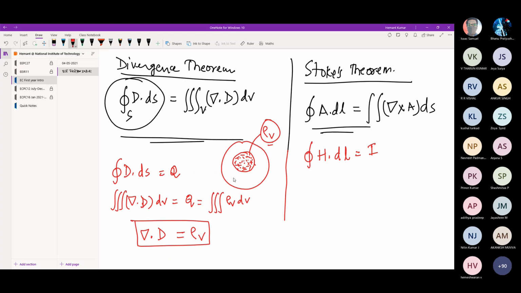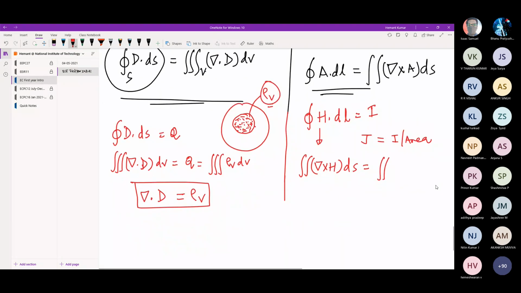So basically the current will be distributed all over the cylinder, and the density of that current will be given by J, current per unit area. J is the current density. So in that case, you first apply Stokes theorem to the left hand side. It will be equal to the integral of del cross H dot ds is equal to the current, which is distributed with density J. So J dot ds.